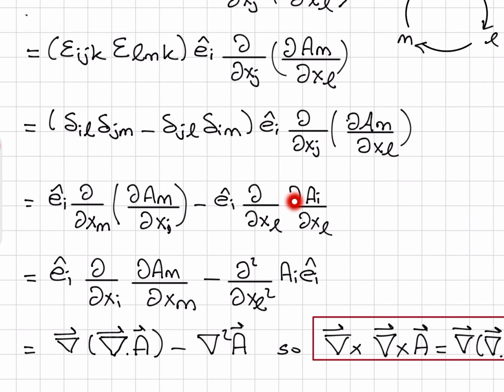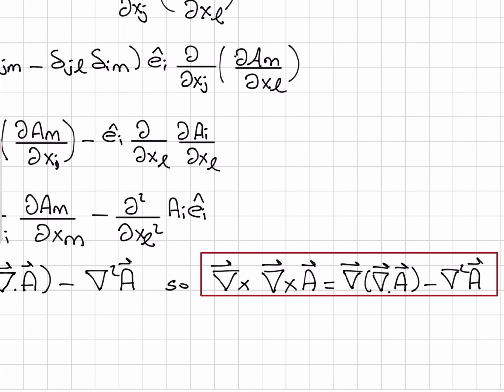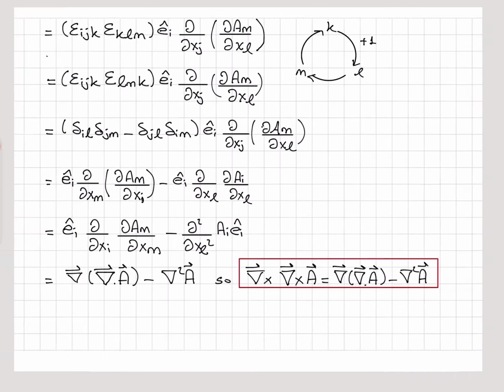So I see that I have the second derivative of the ith component of vector A in e_i hat direction. I can change the order of these derivatives, del x_i, del a_m, del x_m. So del a_m del x_m is the divergence of vector A. e_i hat del x_i is the gradient, so it's the gradient of the divergence minus the Laplacian, the second derivative applied to vector field A.